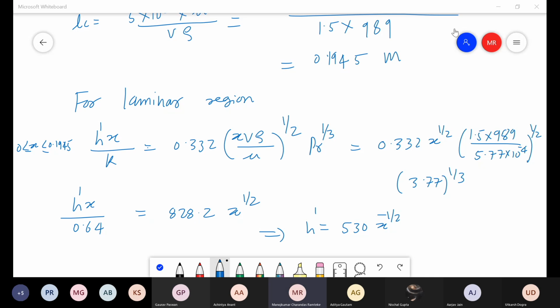Is it clear to everyone what we are doing? Yes, sir. So this is the local heat transfer coefficient.